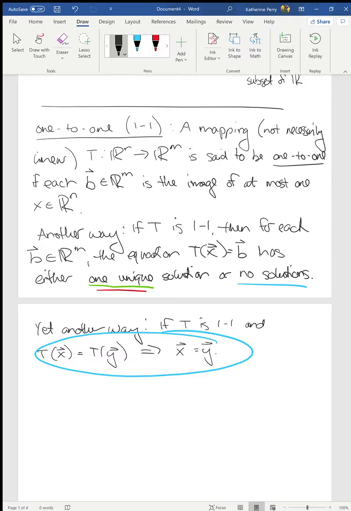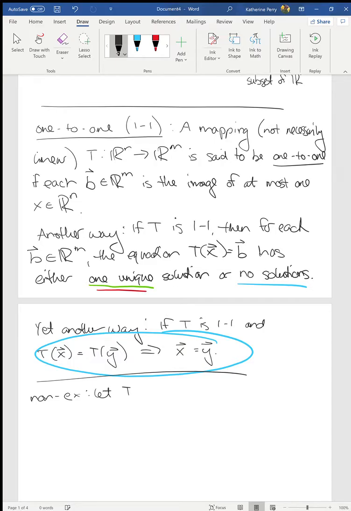Before I do the example of the transformation that's not one-to-one, I want you to pause the video and see if you can think about what property this transformation has that I'm going to highlight in order to argue that it's not one-to-one. Okay, so here is the non-example.